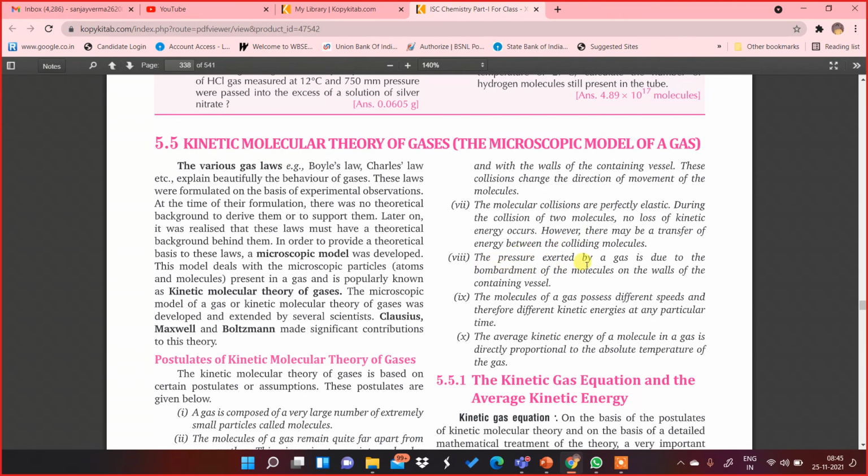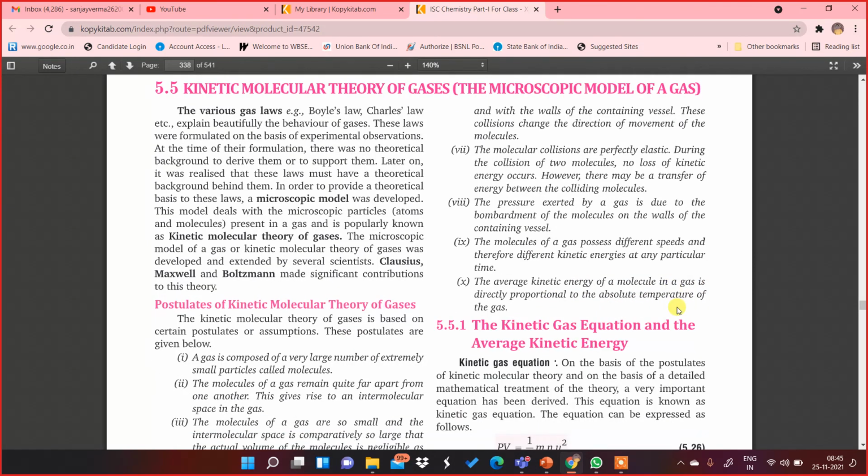The pressure exerted by a gas is due to the bombardment of the molecules on the walls of the containing vessel. The molecules of a gas possess different speeds and therefore different kinetic energies at a particular time. The average kinetic energy of a molecule in a gas is directly proportional to what? The absolute temperature of the gas.